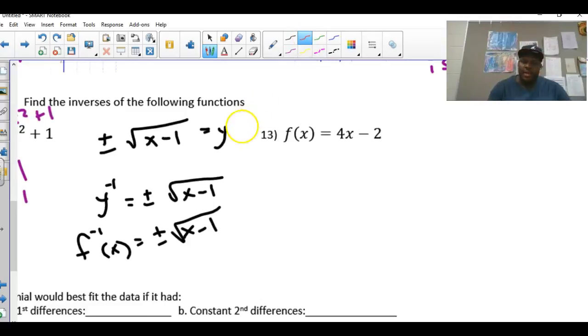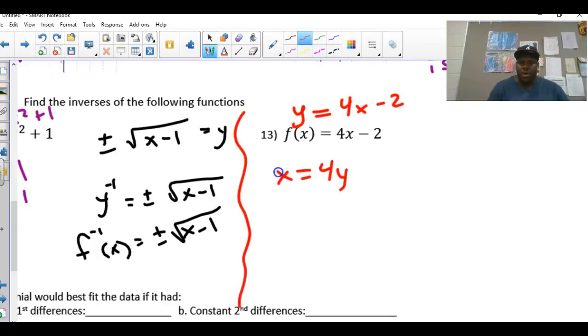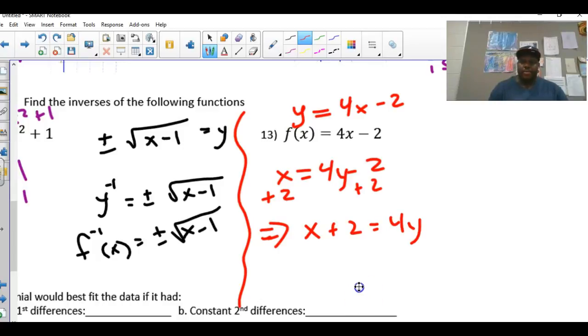13, same thing. Step 1, swap x and y. So you have x equals 4y minus 2. Then we're going to solve for y. So we're going to add 2 on both sides. So you have x plus 2 equals 4y.